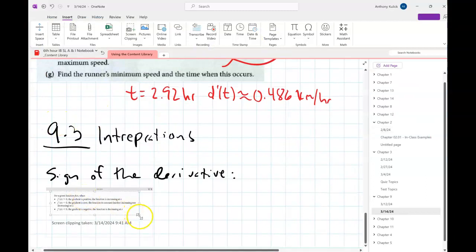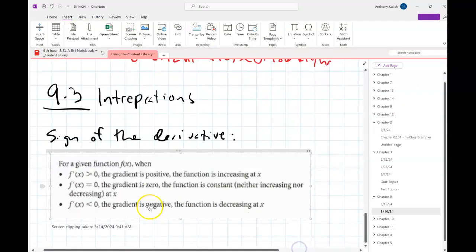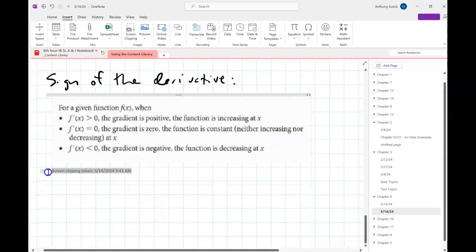So again, f prime of x is just the derivative of some function f. If that derivative is positive, that means the slope is positive, so the function is increasing at that specific value of x. Graphically, what does increasing look like?